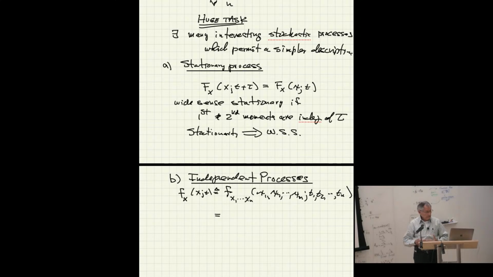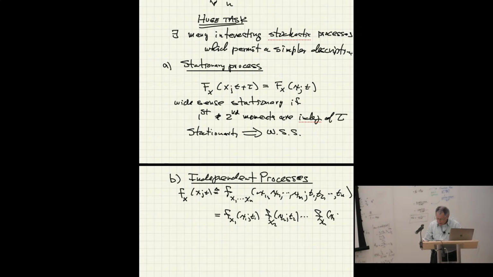Powerful. Really simplifies things a lot, and it gives us considerable flexibility. We're going to use those a lot. So let's write that down. That's f sub x1 of little x1, semicolon, t1 times f sub x2 of little x2, semicolon, t2, etc., f sub xn of little xn, semicolon, tn. We've seen this over and over again before, but it gives us an enormous amount of flexibility, and it's not an uncommon case, and those are the kind we're going to consider.